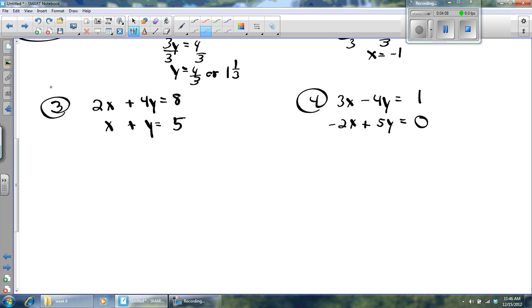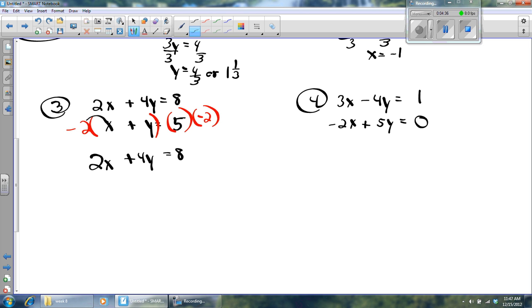Okay, now, sometimes the coefficients don't match, like in problem 3 here. Well, if I could multiply by a -1, I could multiply by a different number. So I think on this problem, I'm going to try to get rid of my x's, and I'm going to multiply the second equation through by a -2. I've got to do it to one side and the other. My top equation remains unchanged for the moment: 2x plus 4y equals 8.